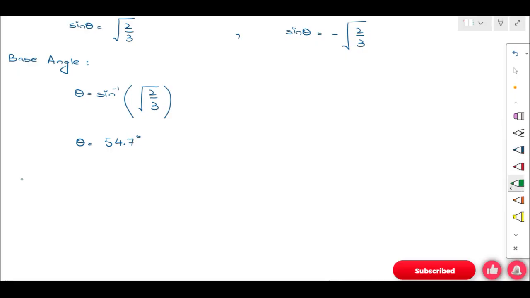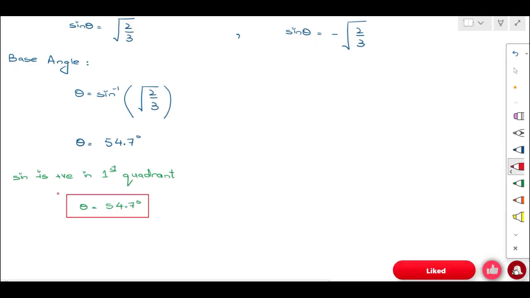So sine is positive in the first quadrant. In the first quadrant, the value of theta, which is your base angle, is 54.7 degrees. This is your first solution.